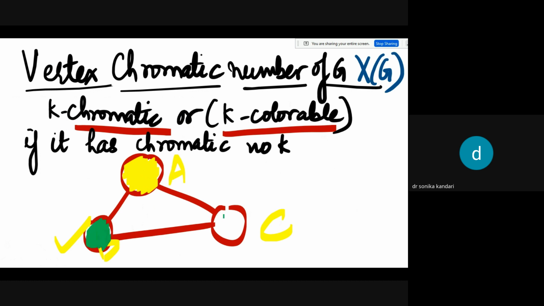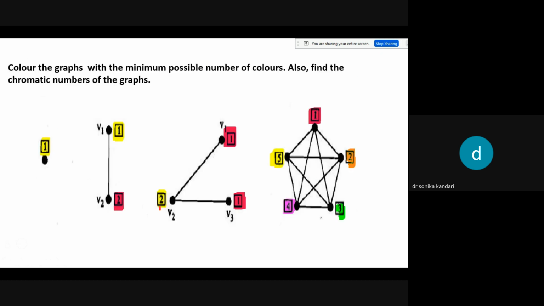Now C can't have yellow color or green color, so C can have a different color. Suppose C is having red color. As the three vertices are adjacent, the three are having different colors. So this is 3 colorable or K colorable. And this is also known as chromatic number. Chromatic number means the colors required to color the vertices of a graph.